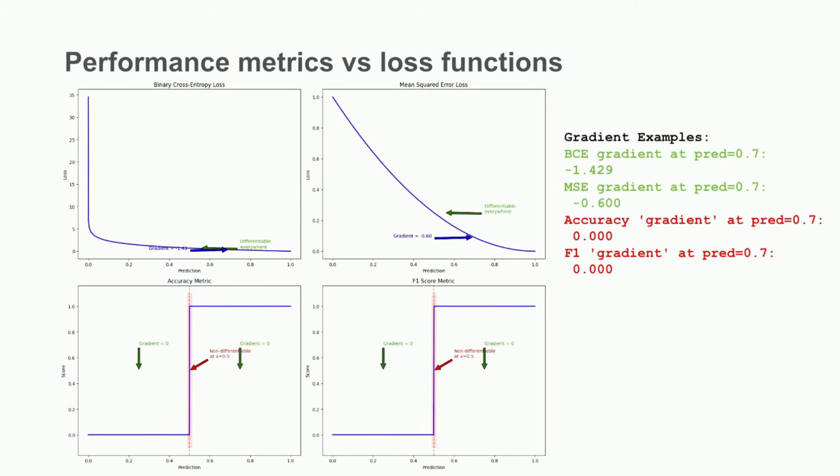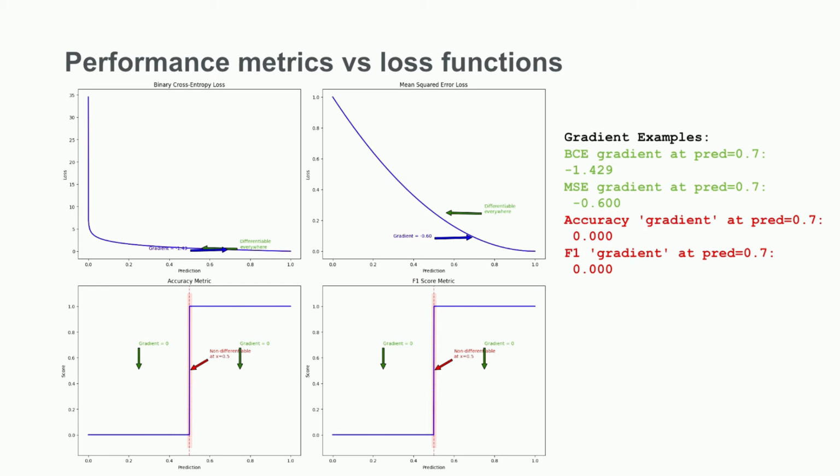So this slide also demonstrates another reason why we don't use accuracy to update the model, and that is that it is a step function that is not differentiable. So we cannot really use accuracy to update the weights of the model. We could use cross-entropy, its binary variation, we could use mean square error, absolute error.